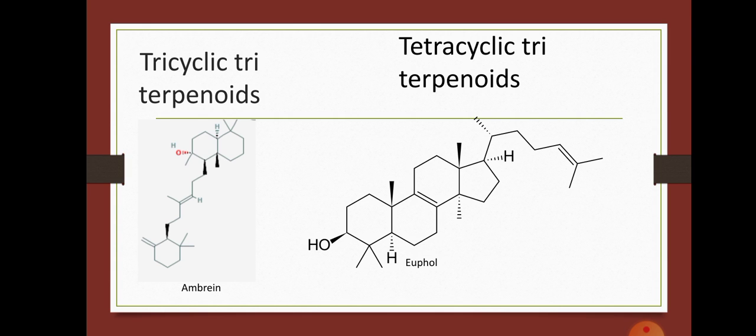For the tricyclic triterpenoids, an example molecule, ambrane, is shown. Now the tetracyclic triterpenoid euphol, which is a precursor to all steroids, and its structure.